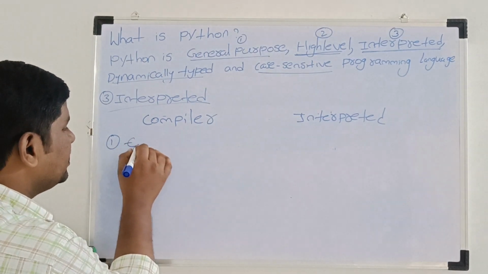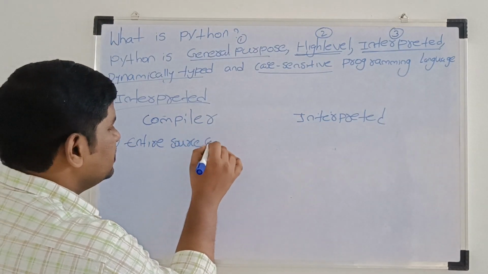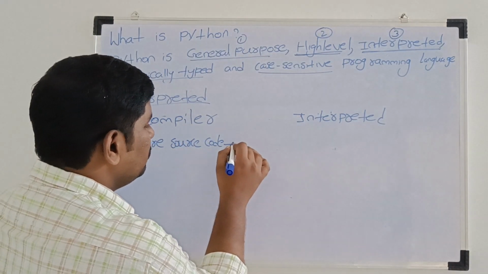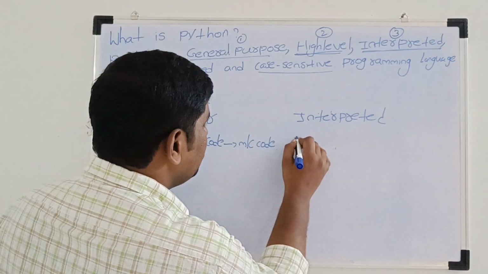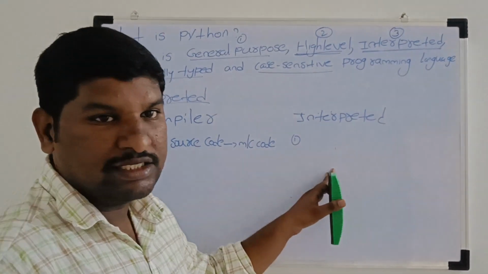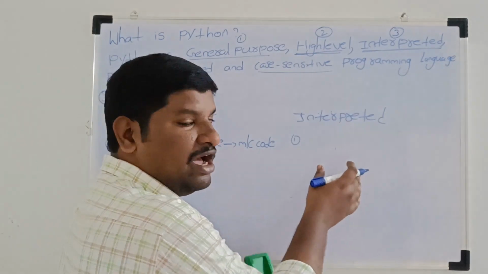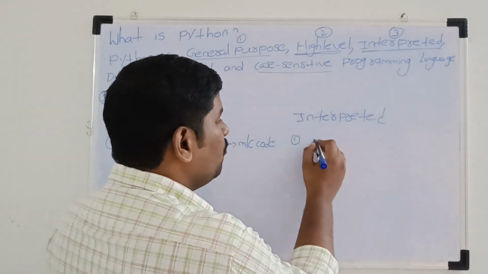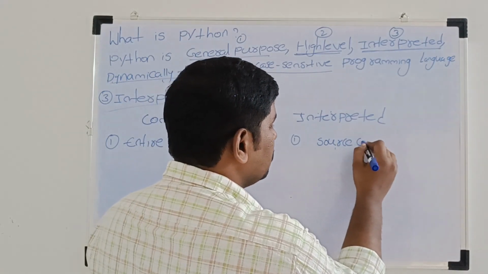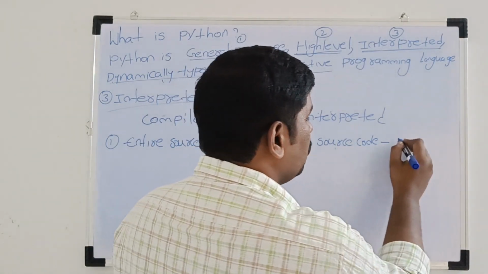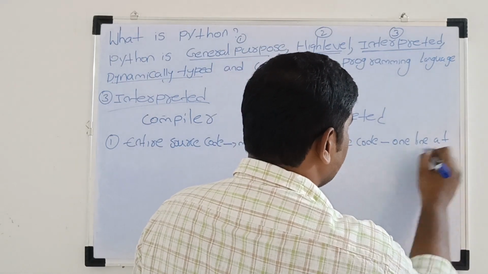Okay, so here the entire source code is converted into machine code, and an interpreter takes source code, reads and executes it one line at a time.